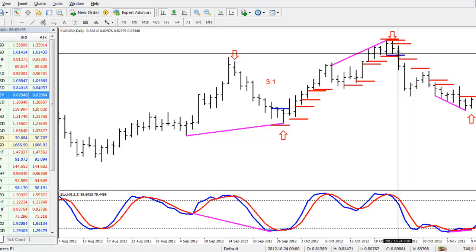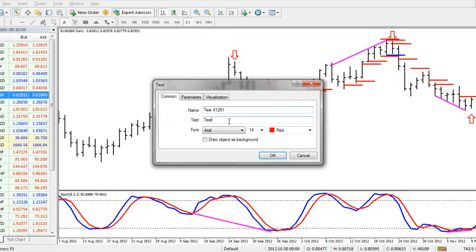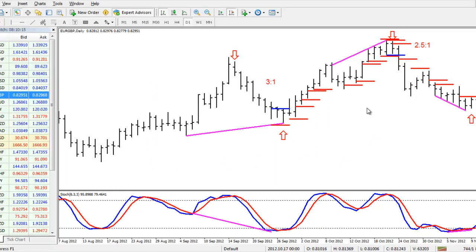This particular trade had a stop loss of around 45 to 48 pips, and the return was around 120. So again, we've got just about a 2.5 to 3 to 1 reward to risk on that particular trade. We'll mark it down as a 2.5 to 1 reward to risk. But again, a very nice reward to risk on that particular trade using that 3-bar trailing stop method.